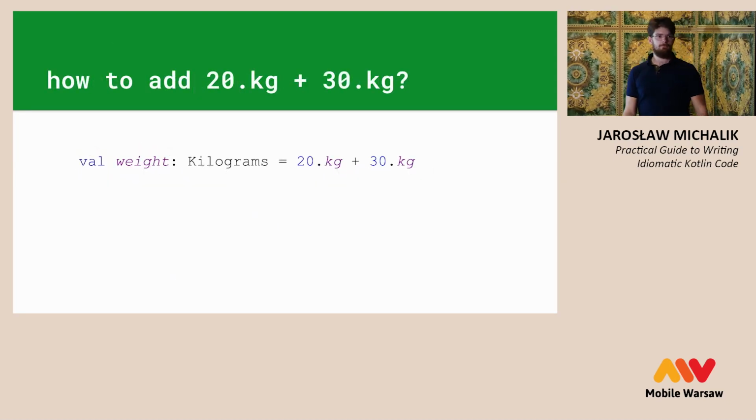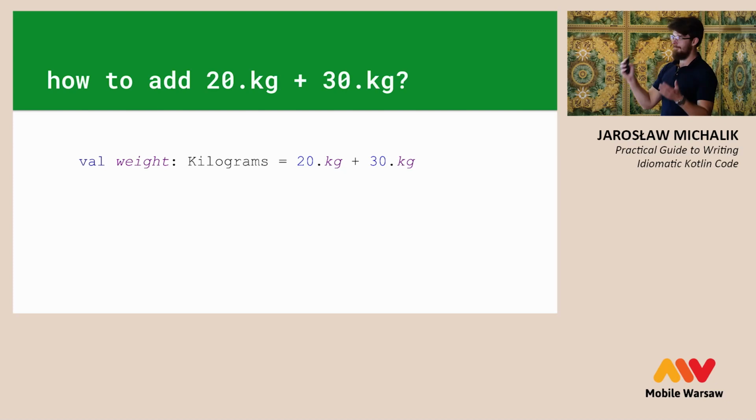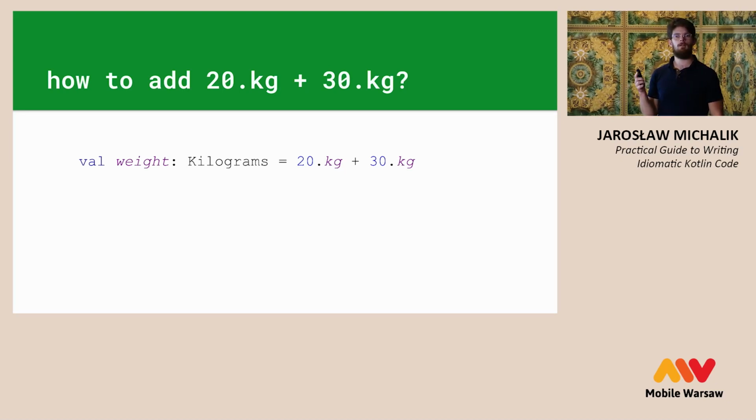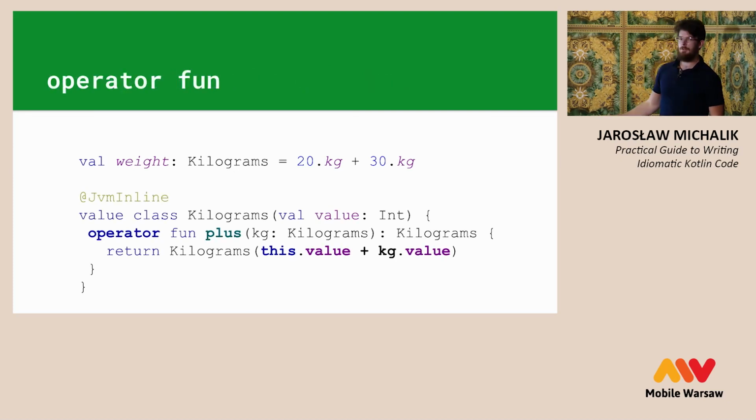So yeah, someone already mentioned it, that we need to access kilograms.value plus kilograms.value. So how can we make this notation work? We can introduce an operator function for kilograms.